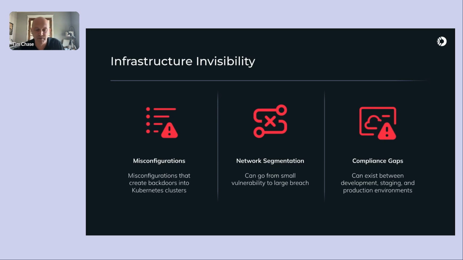The first one is misconfigurations. A lot of times we can think of this in the CSPM realm of things, right? And they can create backdoors into our environment. You could think of maybe a Kubernetes cluster that's accidentally completely exposed to the internet, or a process related to your Kubernetes that shouldn't be exposed, like an admin console, that we expose because of a misconfiguration.